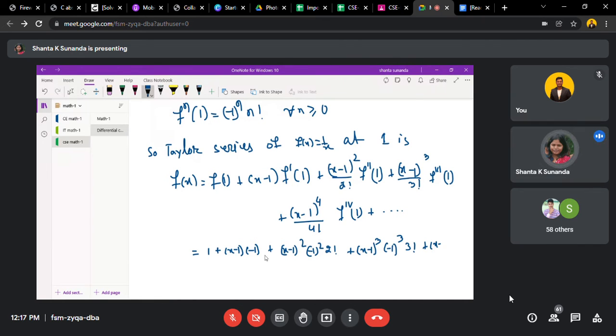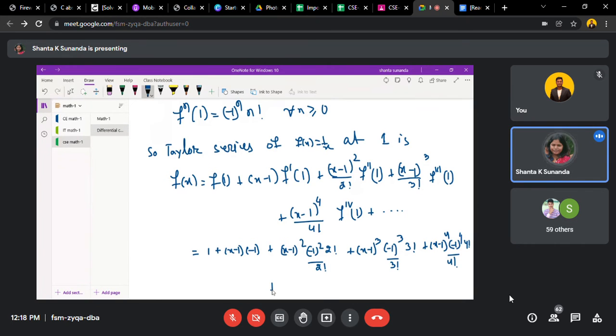The 2 factorial and 3 factorial cancel out. Whenever I'm making any mistake, you just remind me. So x minus 1 power 4, minus 1 power 4, and here 4 factorial divided by 4 factorial.